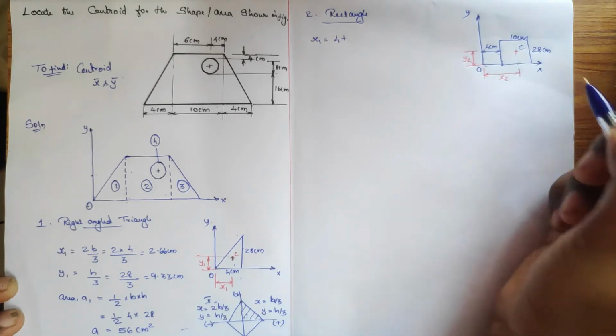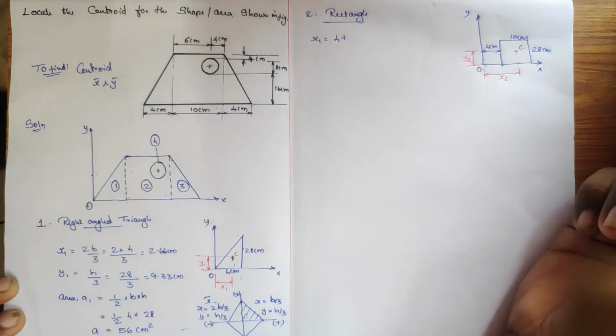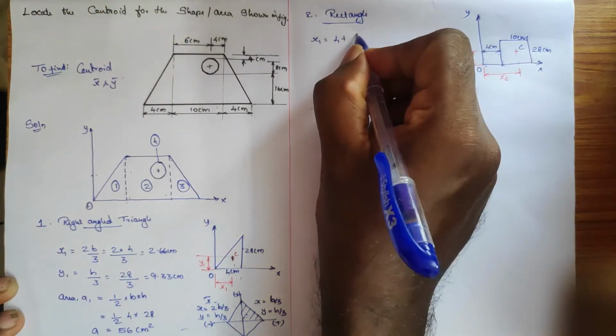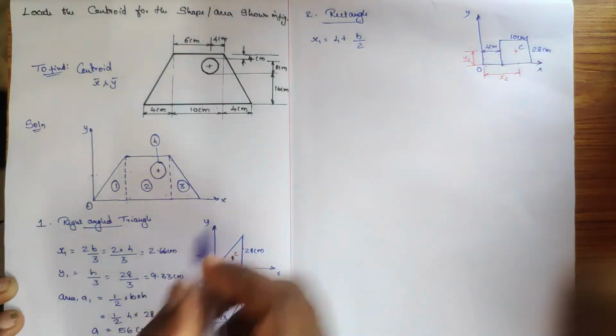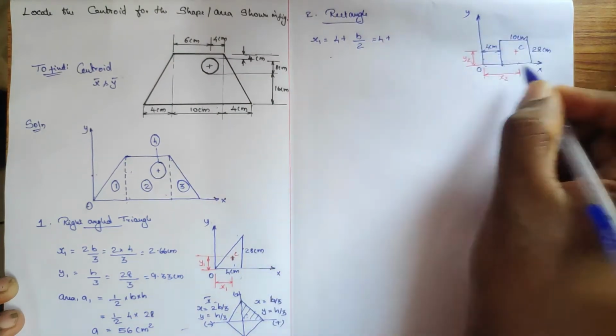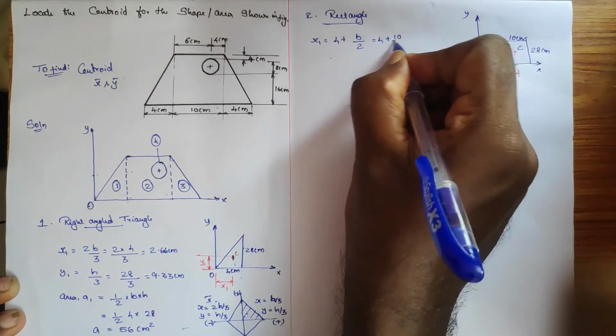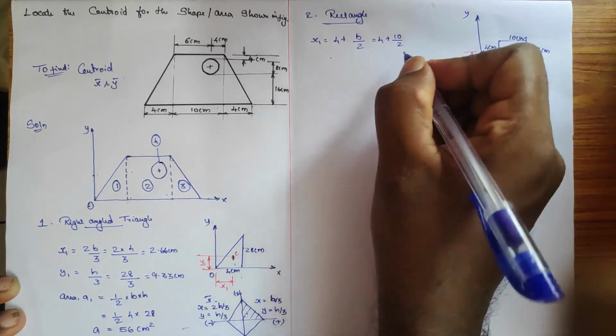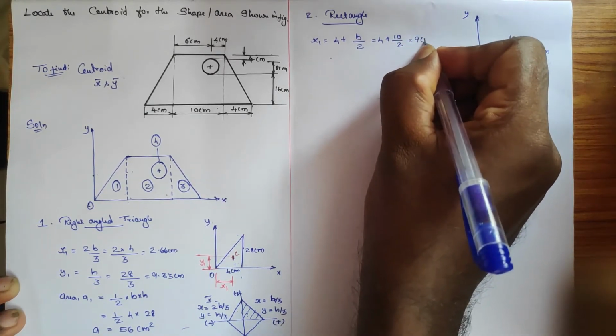Then this to this is the self-centroid measurement. For the rectangle, it is b divided by 2, length divided by 2. So it will be 4 plus b, which is 10, divided by 2. So we get 9 centimeter.